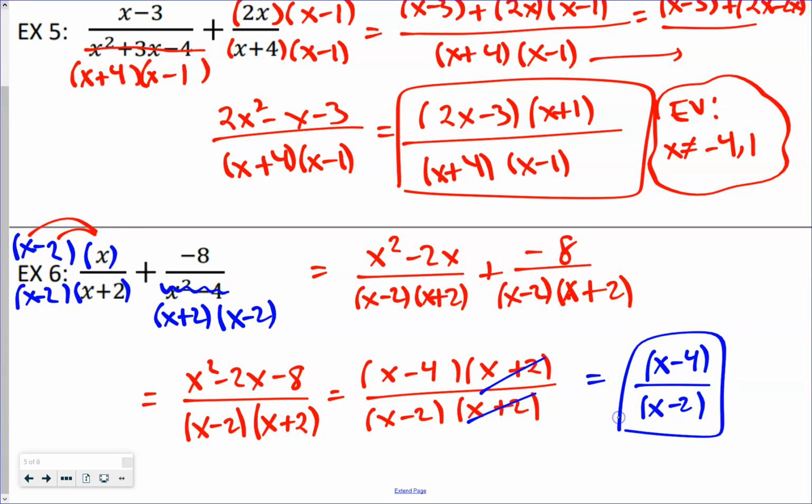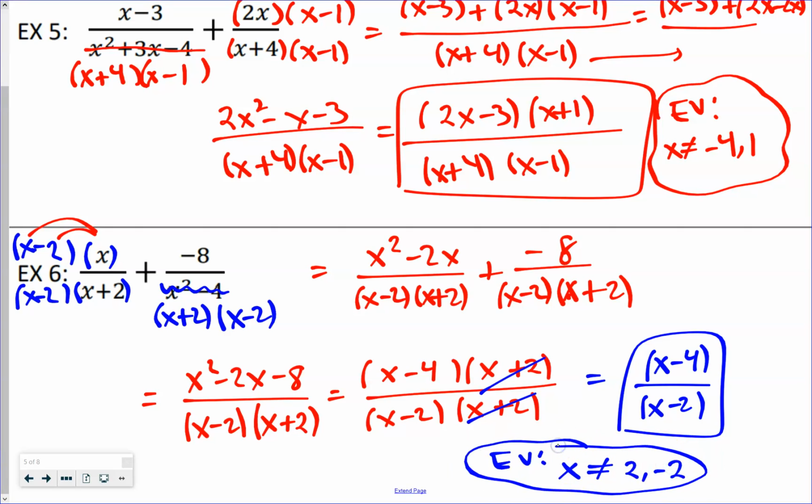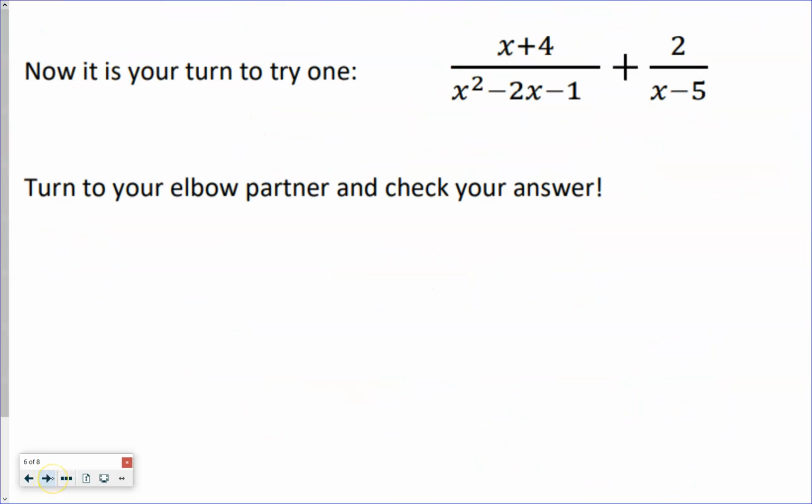So we have x plus 4 over x squared minus 2x plus 1 plus 2 over x minus 5. So I want you to pause and I want you to try one. Check your work with mine, see if we got the same thing. My denominators both had an x minus 5, but the second fraction was missing the x plus 3, so I multiplied that through.